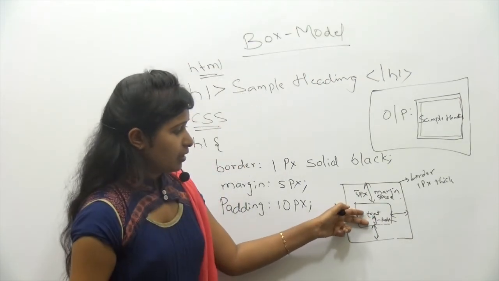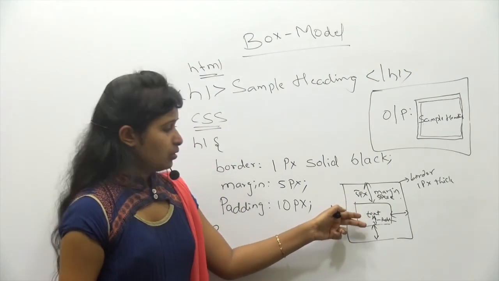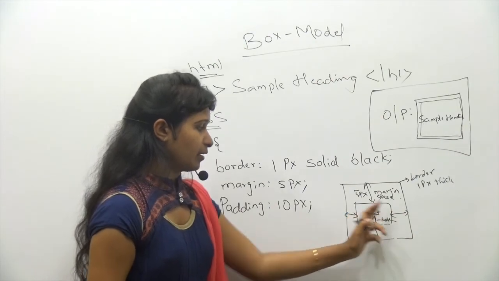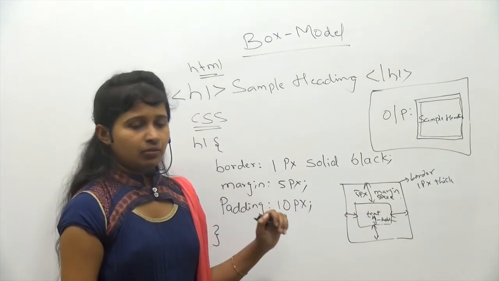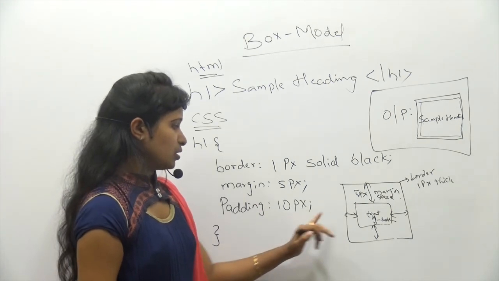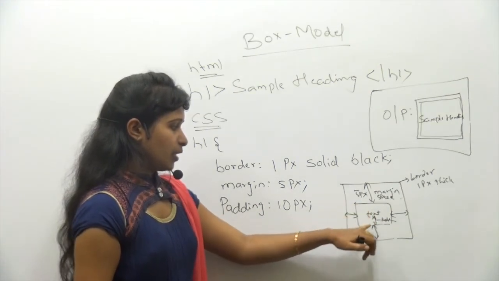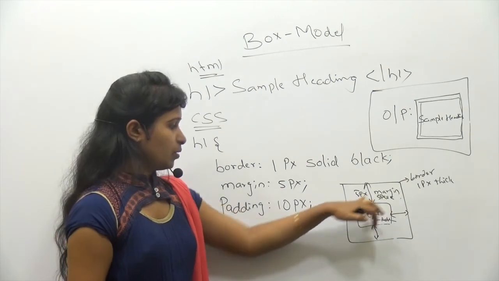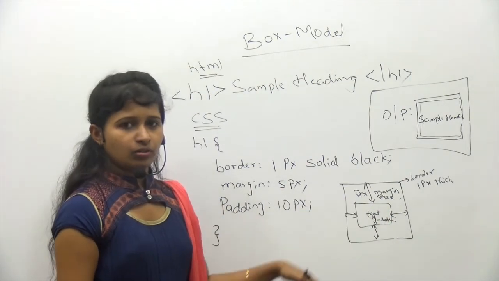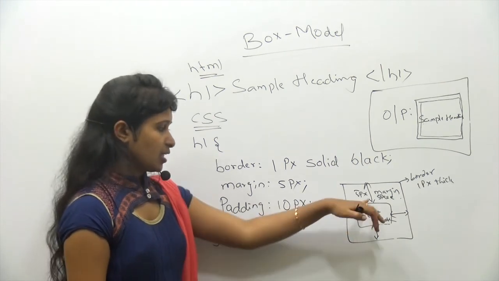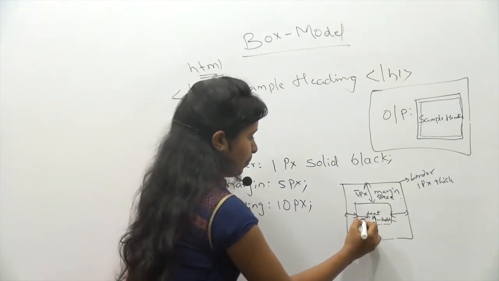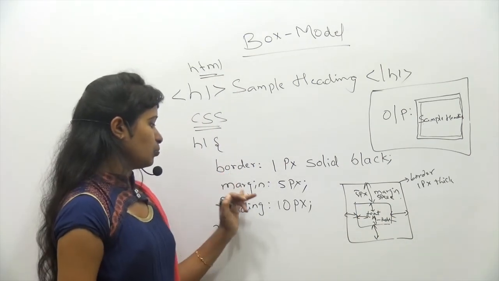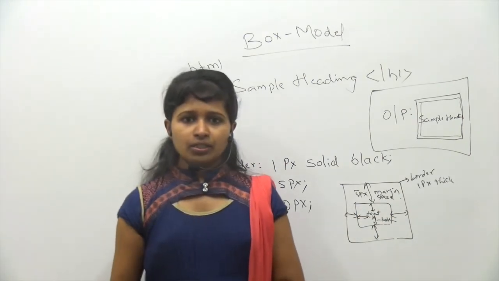Padding decides where the text needs to display: padding top, padding bottom, padding left, padding right. If I give 10 pixels at top, bottom, right, and left, it will print exactly in the middle of this box with 10 pixels of space left. Now you have completely understood what is border, what is margin, and what is padding.